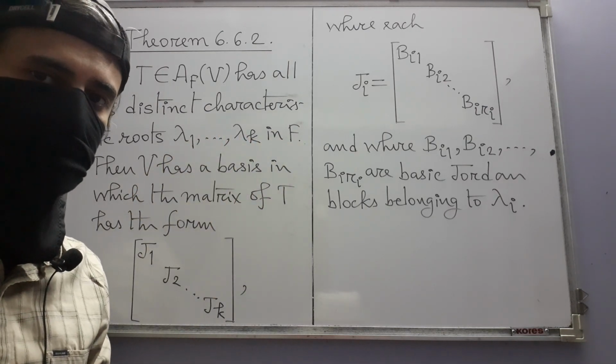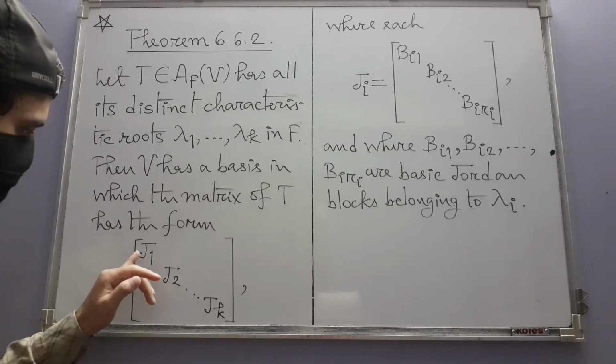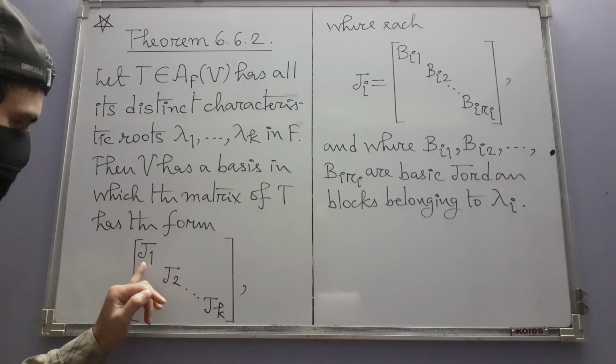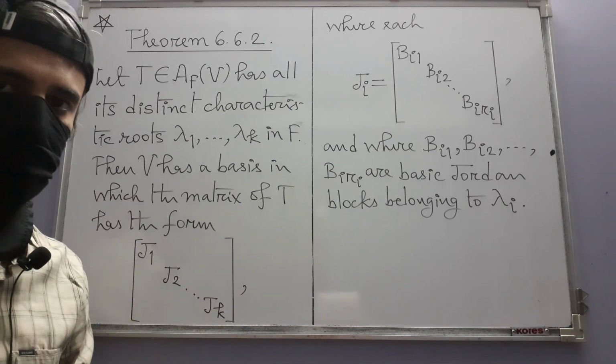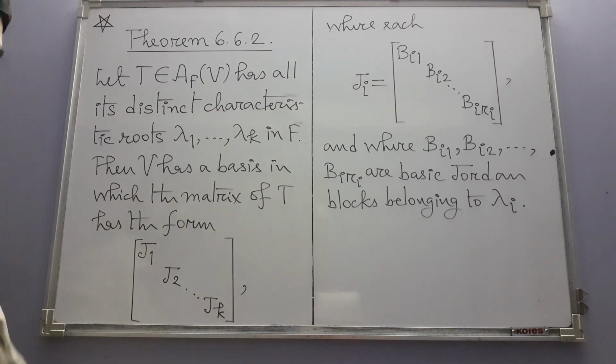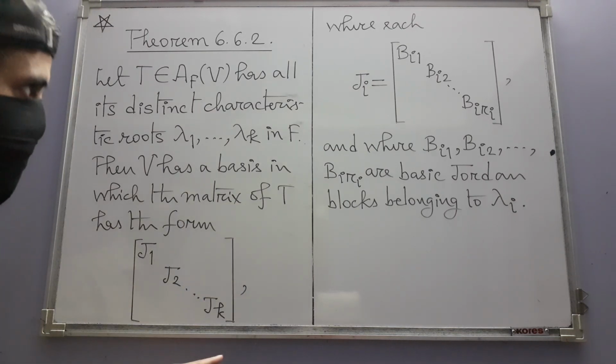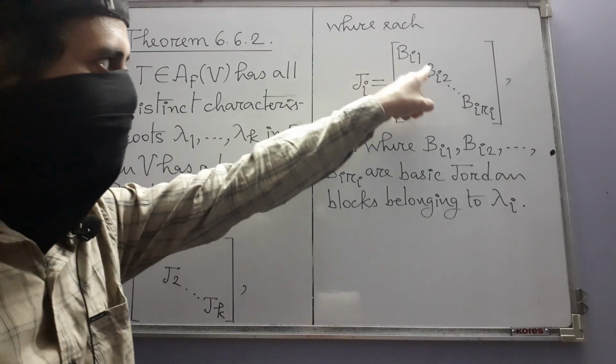Then V has a basis in which the matrix of our operator T has this form, where it's a block diagonal matrix and the number of blocks is equal to the number of distinct characteristic roots, and where each block Ji looks like this.